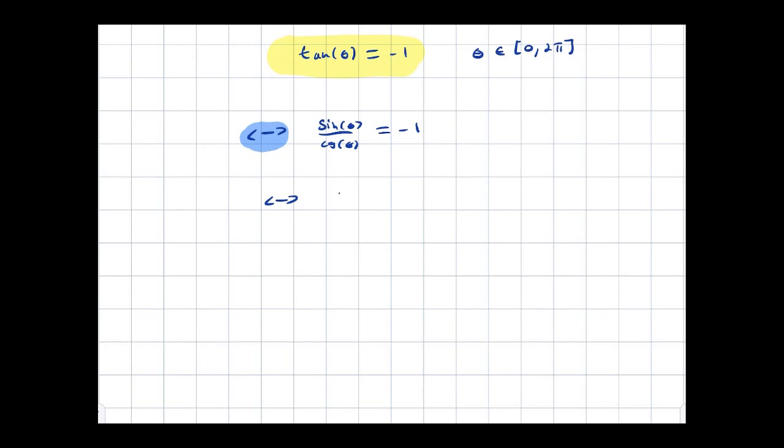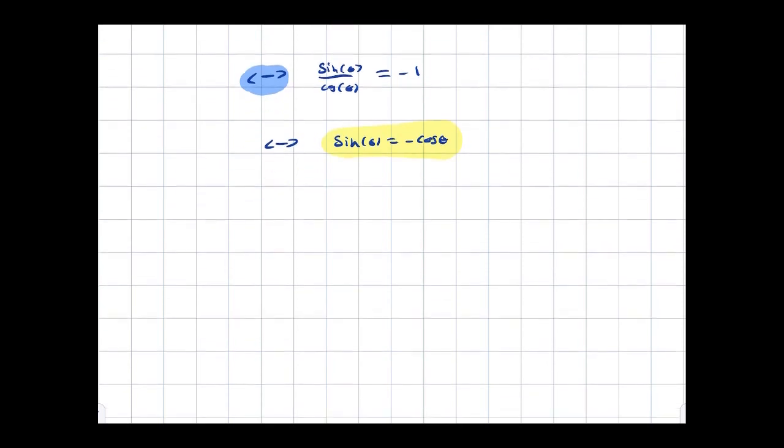That's true if and only if sine of theta is equal to negative cosine of theta, multiplying both sides by cosine of theta. Now I'm trying to figure out where sine and cosine have the same absolute value but opposite signs. One is positive and one is negative.